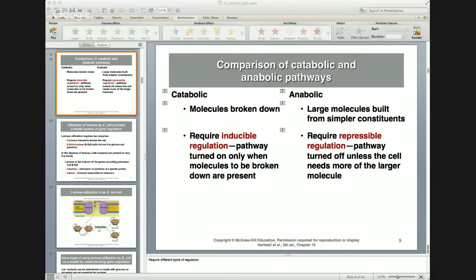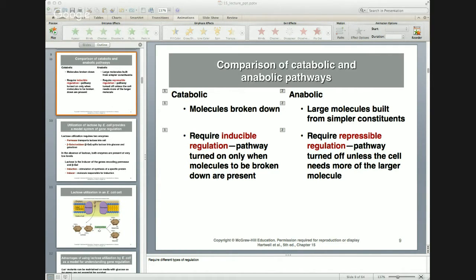This type of expression is referred to as constitutive expression, meaning that it is always on. They're constantly expressed in the presence of this LAC-I minus mutation. Okay, LAC-I minus mutations allow for constitutive expression of the structural genes.